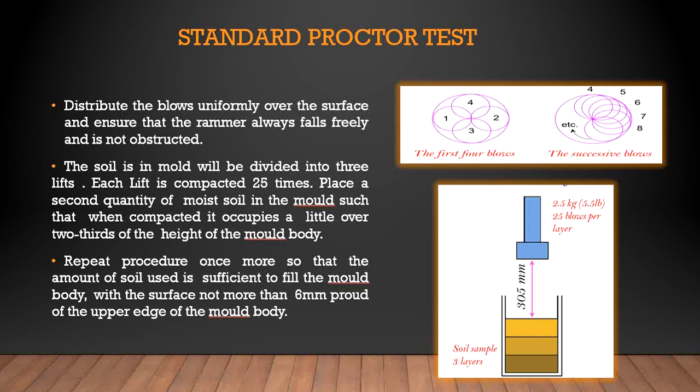Then the dry unit weight is obtained. We have a formula to calculate the dry unit weight, that is gamma d is equal to gamma upon 1 plus w. By using this formula the dry unit weight is obtained.